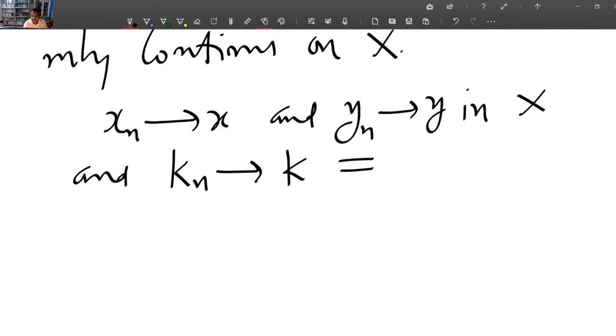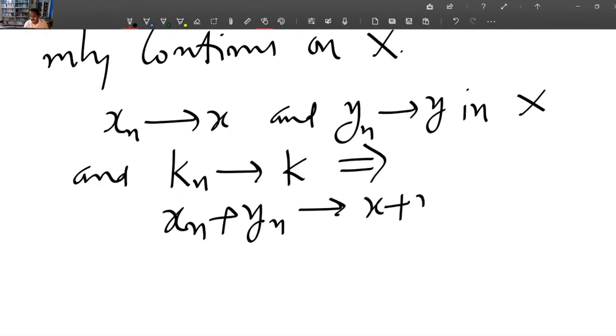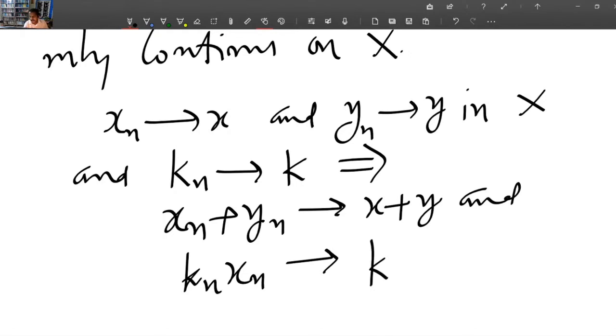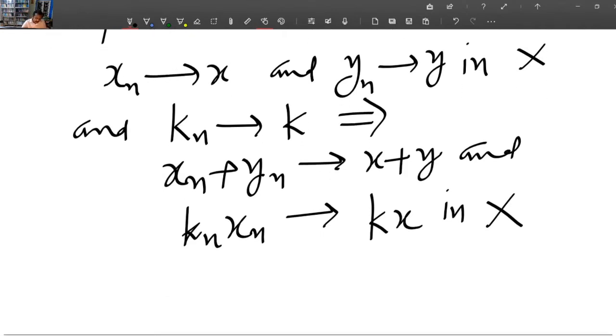This will imply that xn plus yn converges to x plus y, and kn xn converges to kx in X. This is known as the continuity of addition and scalar multiplication.